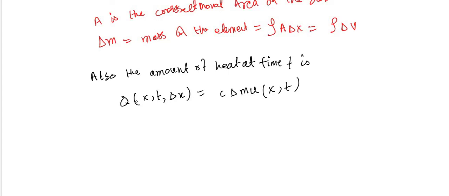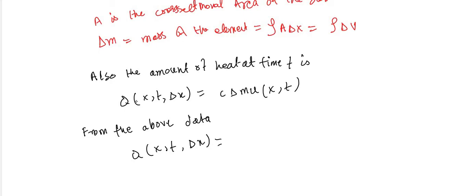and from the above data, from the above two equations, you can rewrite this same equation as q x t delta x equals to, actually you are aware of the change in mass, so now if I substitute the value of change in mass, this is delta x, and you got a new equation.